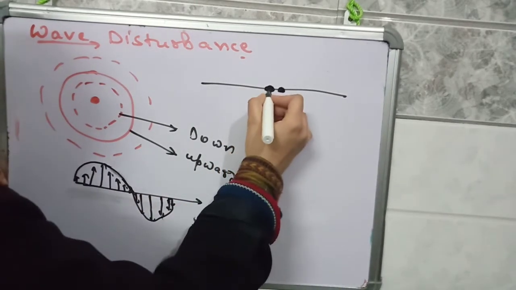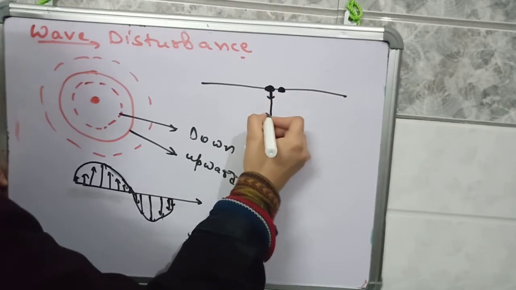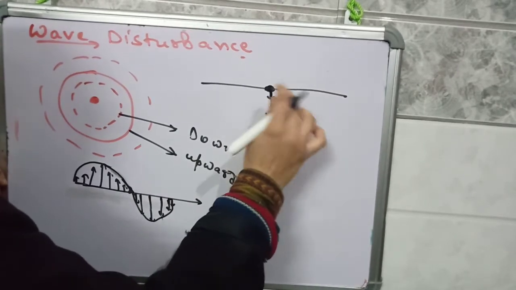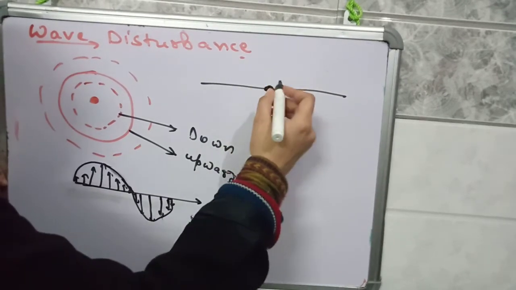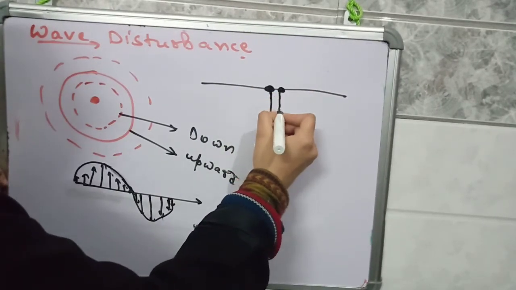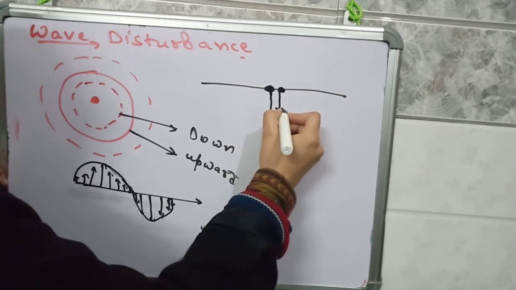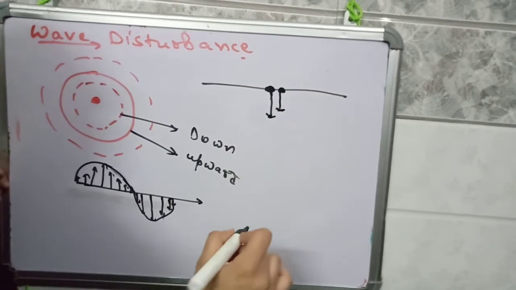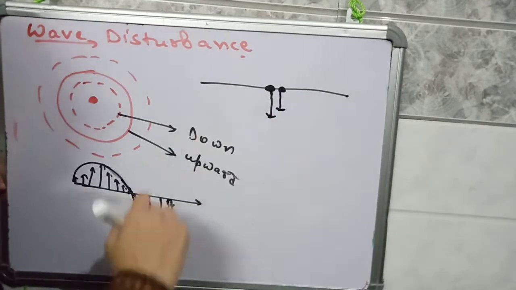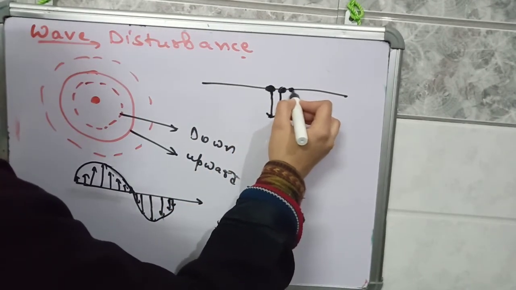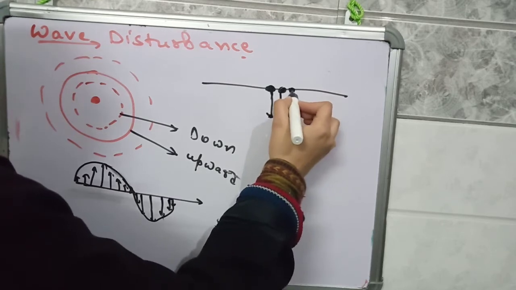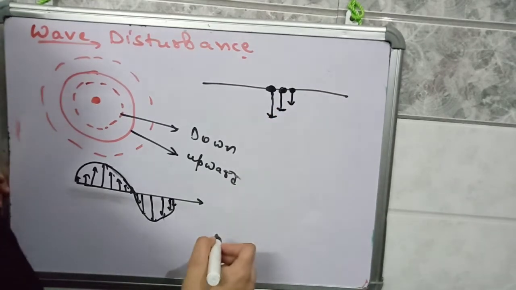Suppose the particle has now reached this point. At that time, the neighboring particle will have traveled some distance, but less than the distance covered by the first particle. Similarly, this disturbance will be transferred to the next particle, which will also start its downward motion.